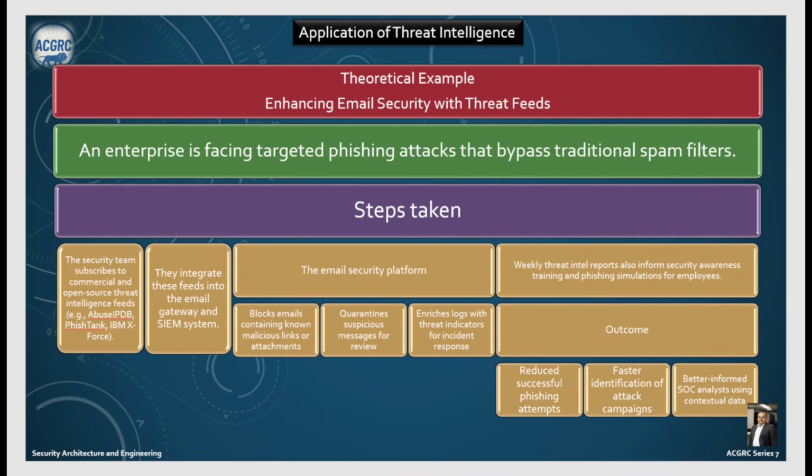The email security platform blocks emails containing known malicious links or attachments, quarantines suspicious messages for review, and enriches logs with threat indicators for incidents. Weekly threat intel reports also inform security awareness training and phishing simulations for employees. Outcome? They reduced successful phishing attempts, faster identification of attack campaigns, and better informed SOC analysts using contextual data.